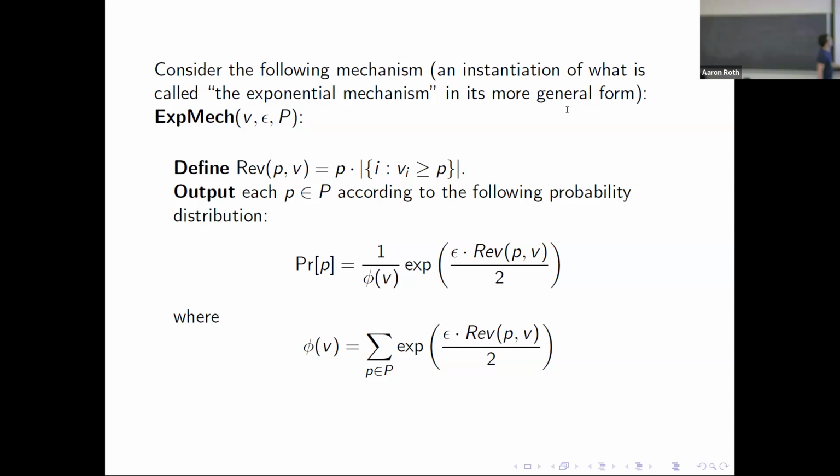So I just want you to note that the probability we output some price p looks like this: in the numerator, e to the epsilon times the revenue of that price, and in the denominator, the sum over all of the other prices of a term that looks just the same, e to the epsilon times the revenue of that other price.